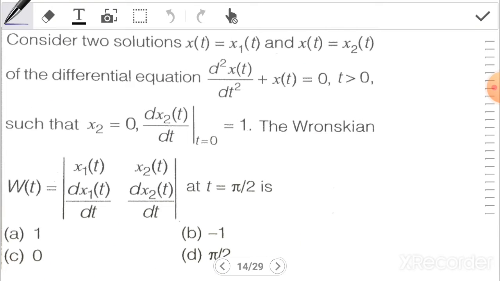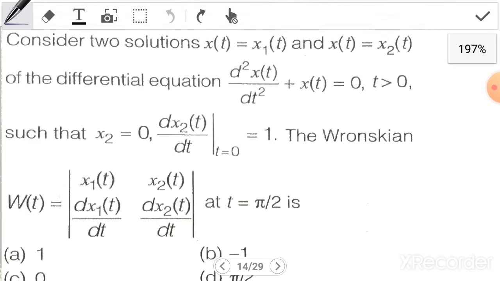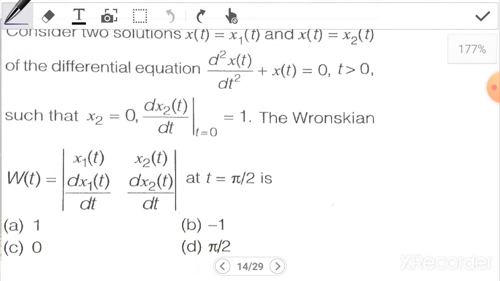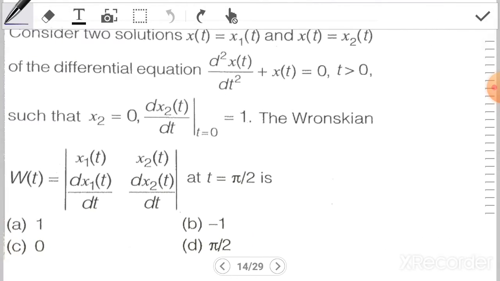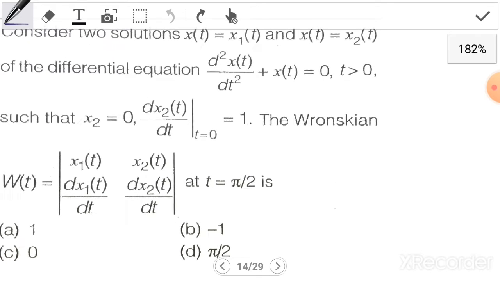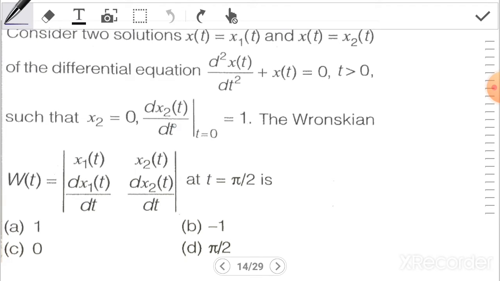Let us go to the next problem. Consider two solutions x(t) is equal to x1(t) and x(t) is x2(t) of the differential equation, such that x2 is equal to 0 and dx2(t) by dt at t is equal to 0 is equal to 1. The Wronskian W(t) at t is equal to pi by 2 is. Okay, so we have to find the Wronskian.